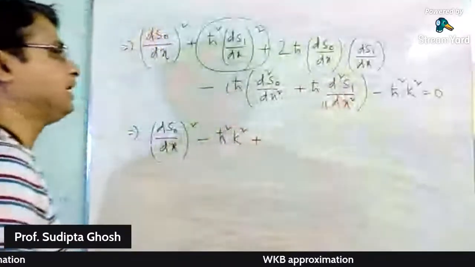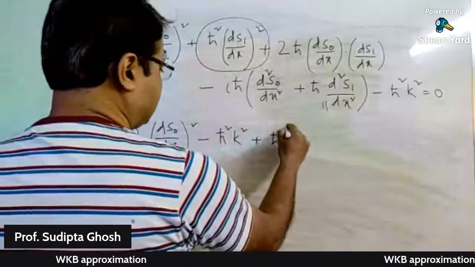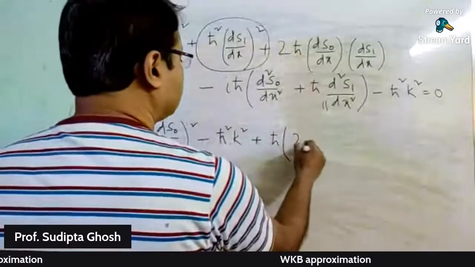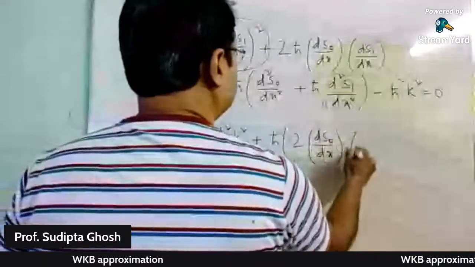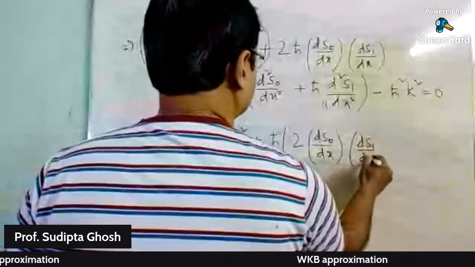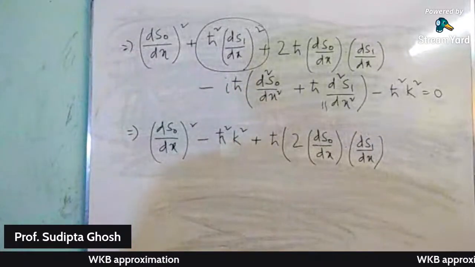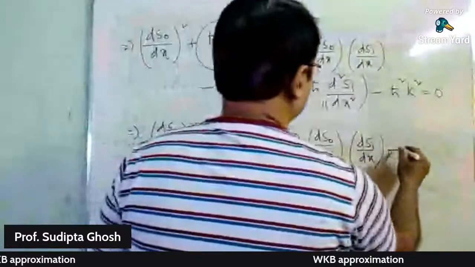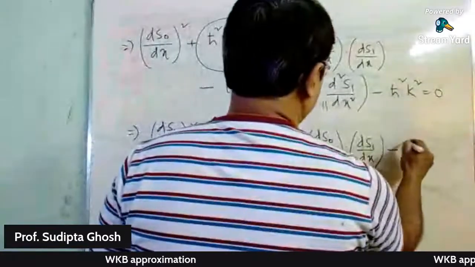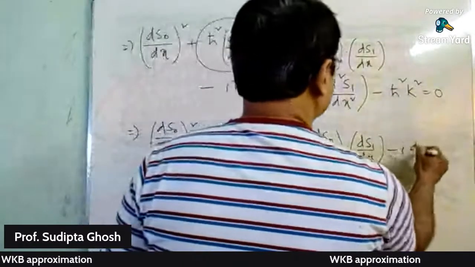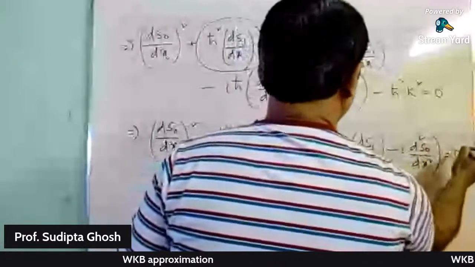So just taking ħ as a constant, I get 2 (ds0/dx)(ds1/dx), and then comes minus iħ d²s0/dx². Since the term contains only ħ, we take this term as minus i d²s0/dx², and that equals 0.